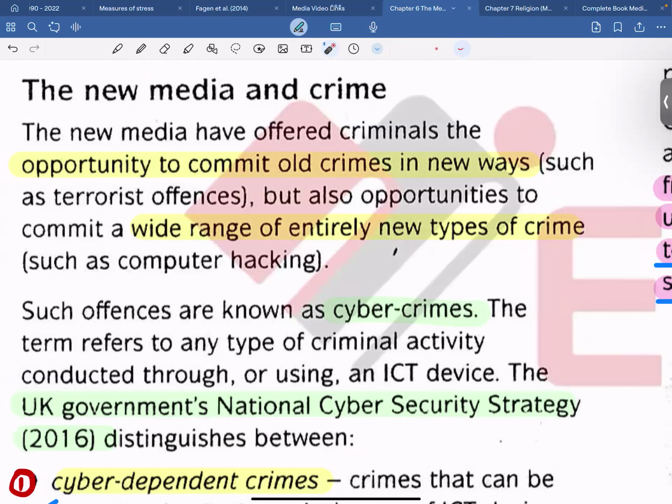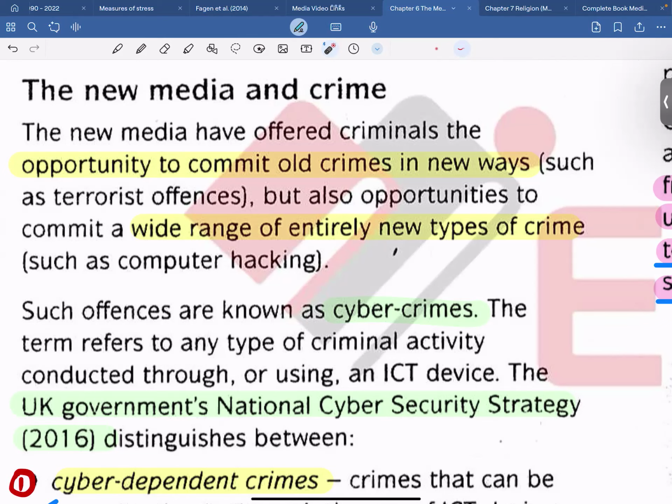The new media, as much as it has to offer to the end user, the consumer, the audience, has also provided criminals an opportunity to commit old crimes in new ways, such as terrorist attacks and terrorist offenses, but also opportunities to commit a wide range of entirely new types of crime.